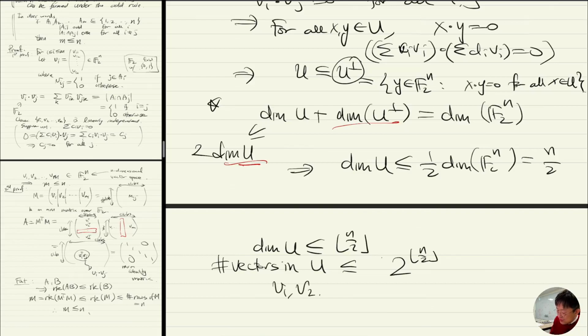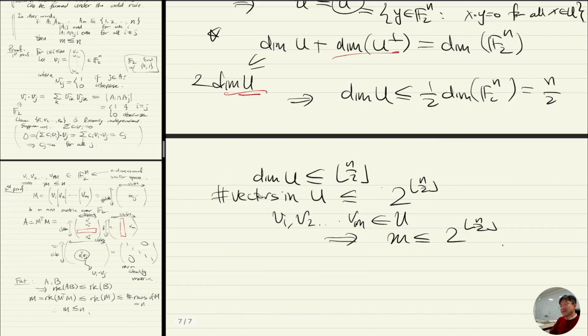And v1, v2, ..., vm belong to U, so that means m is at most 2 to the n over 2. All right, so that's the proof.